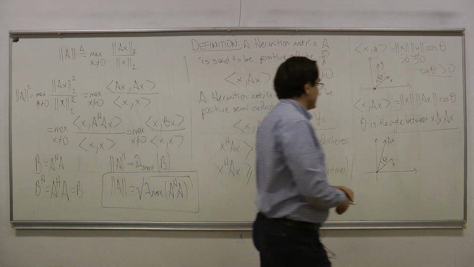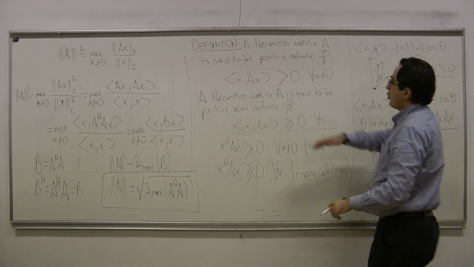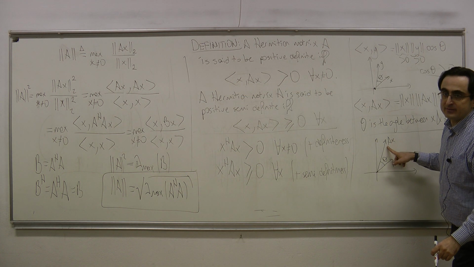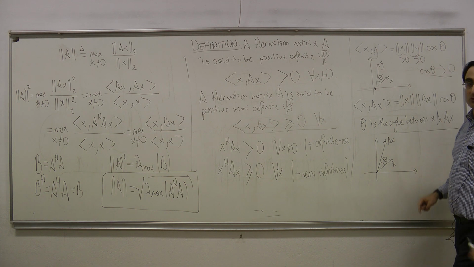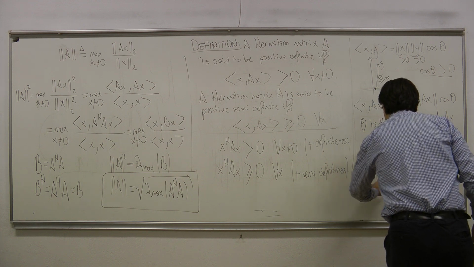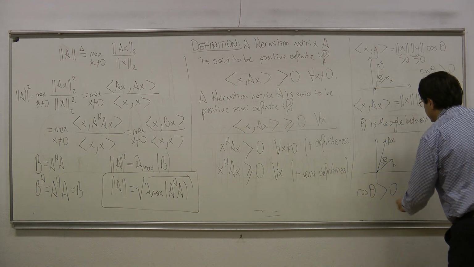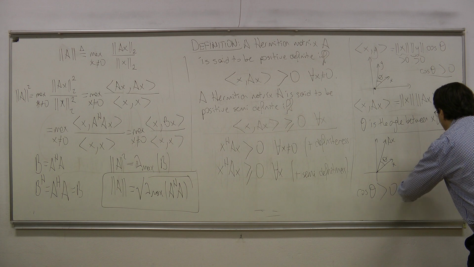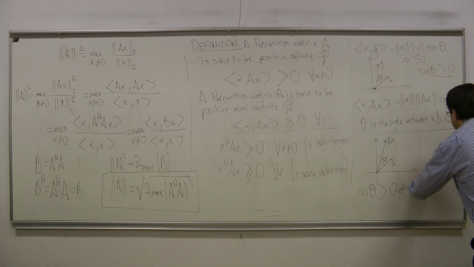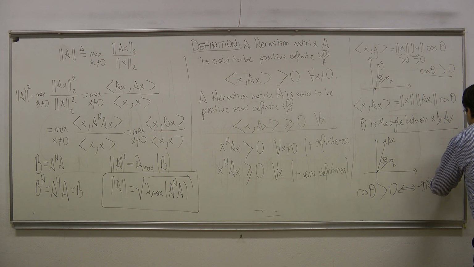What does that mean? That means that the cosine of the angle between x and Ax would be always positive. When is cosine positive? Cosine theta is positive if and only if theta is between minus 90 degrees and plus 90 degrees.